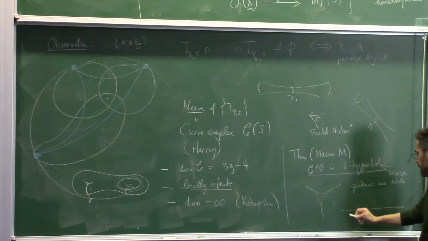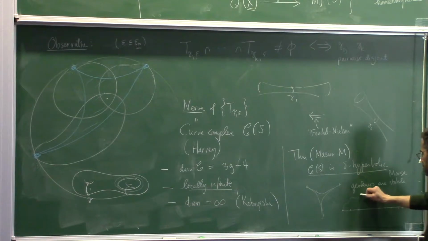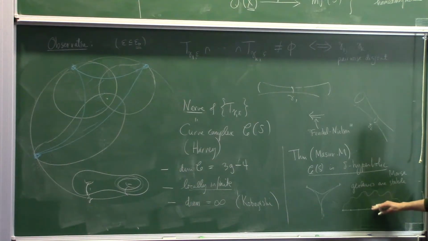If you have a geodesic, and then you have a quasi-geodesic, which is just an efficient path connecting the same points. So the only property of a quasi-geodesic is that it's making progress through the space at a definite linear rate. It's no faster than 100 miles an hour and no slower than 2 miles an hour or something, all the time. And such a thing is a bounded distance from a geodesic.